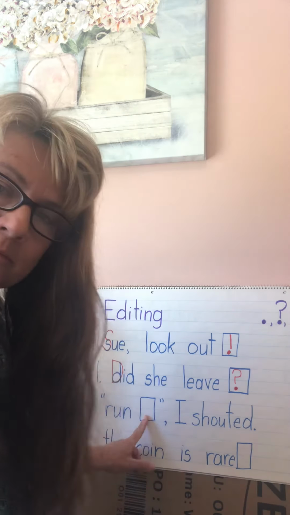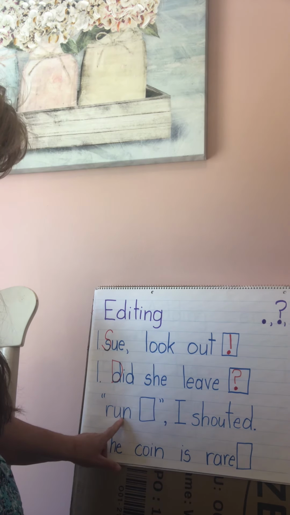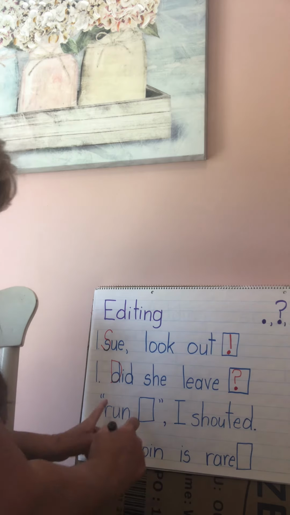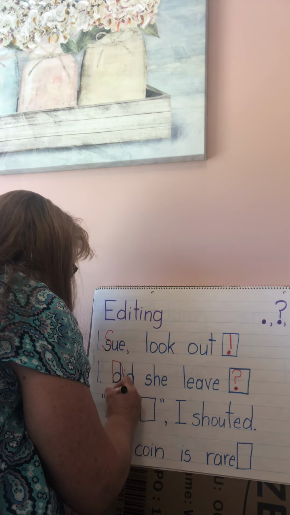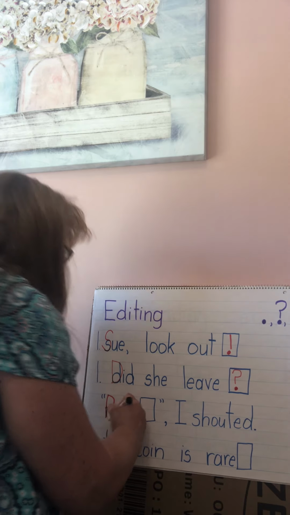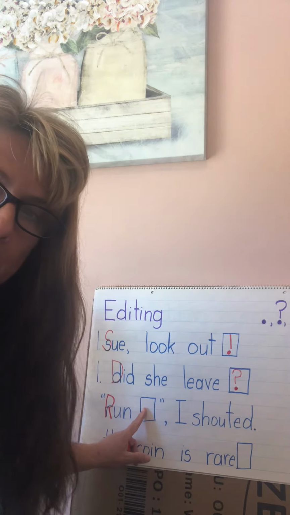Now, sometimes punctuation is in the middle. So that can happen here. Let's look at this sentence. Run, I shouted. Well, we know that run has got to start with a capital R because that's the beginning of the sentence. And then right here, this needs some type of punctuation.